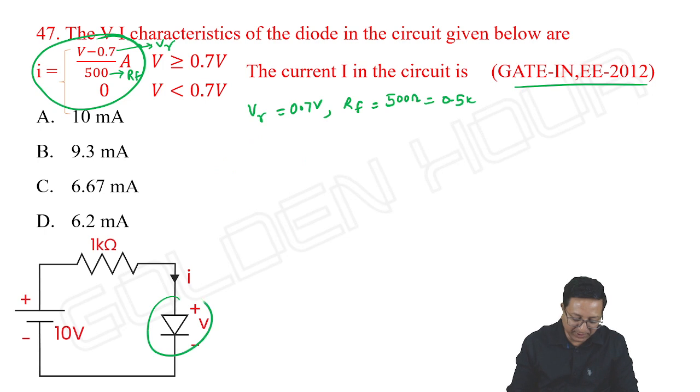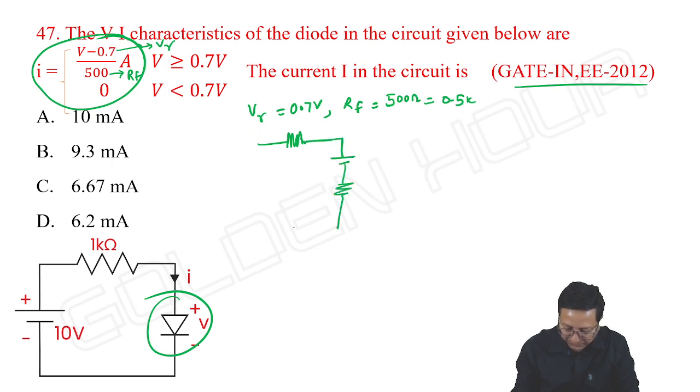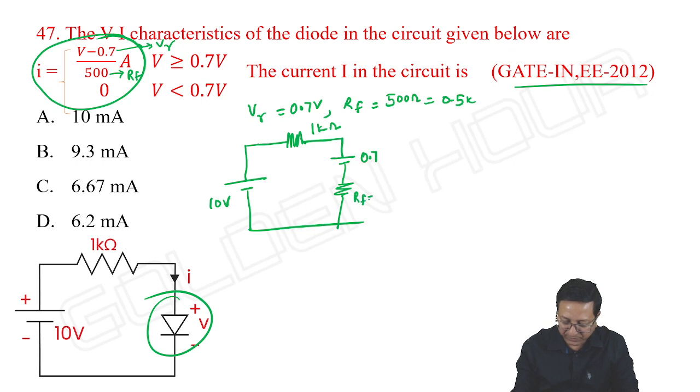Then let us replace the diode by means of its equivalent circuit. 10 volts, 1 kilo ohm, V gamma is 0.7 volts, RF is 0.5 K. Now it is like a simple regular network circuit.